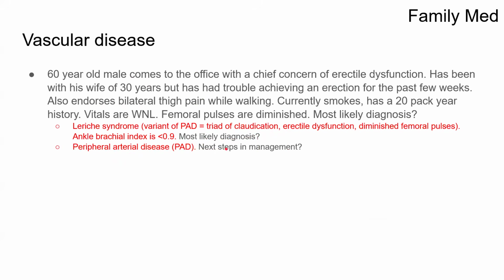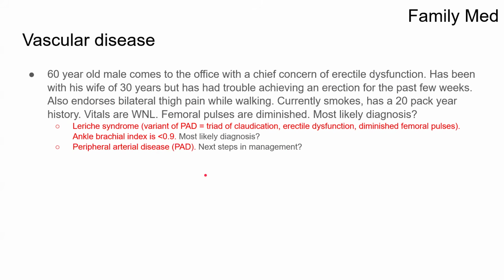One quick comment on the ankle brachial index. I haven't seen it mentioned too much on practice exams, but just for the sake of understanding the ABI, you can also have an elevated ankle brachial index, if it's greater than, I think 1.3 is the cutoff.